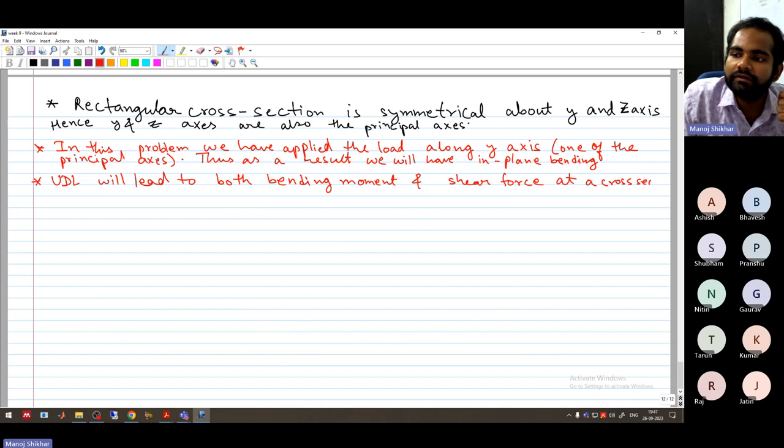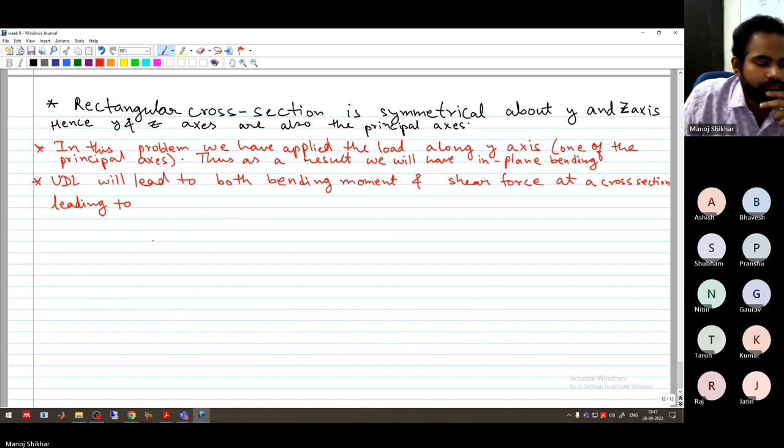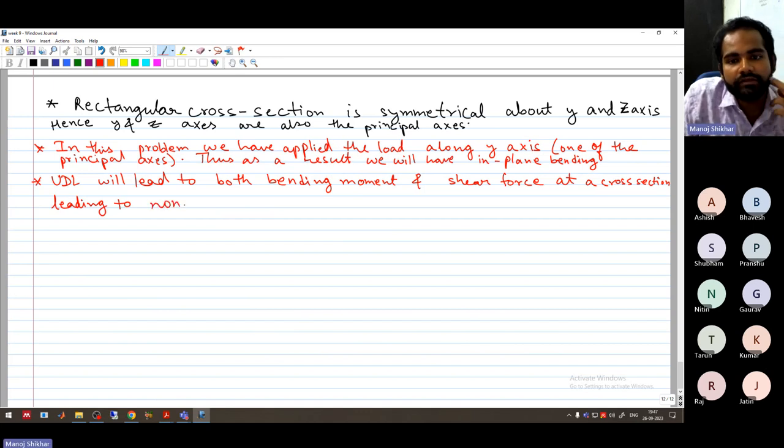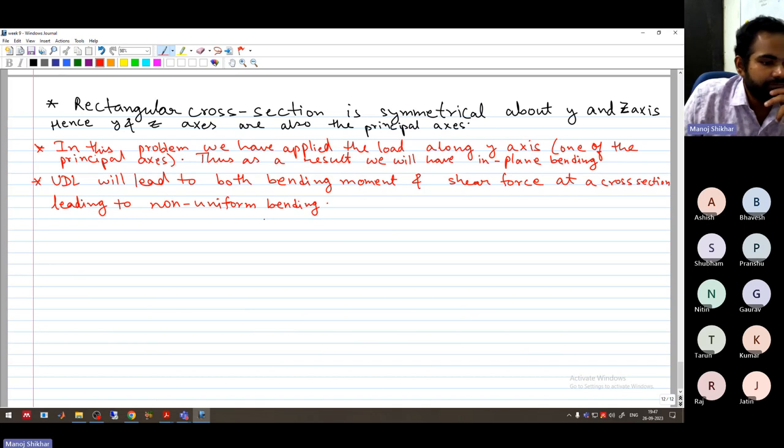We have already found the expressions of Vx and M. The cross section is leading to non-uniform bending. So this is not a case of pure bending. This is what I want to say basically.